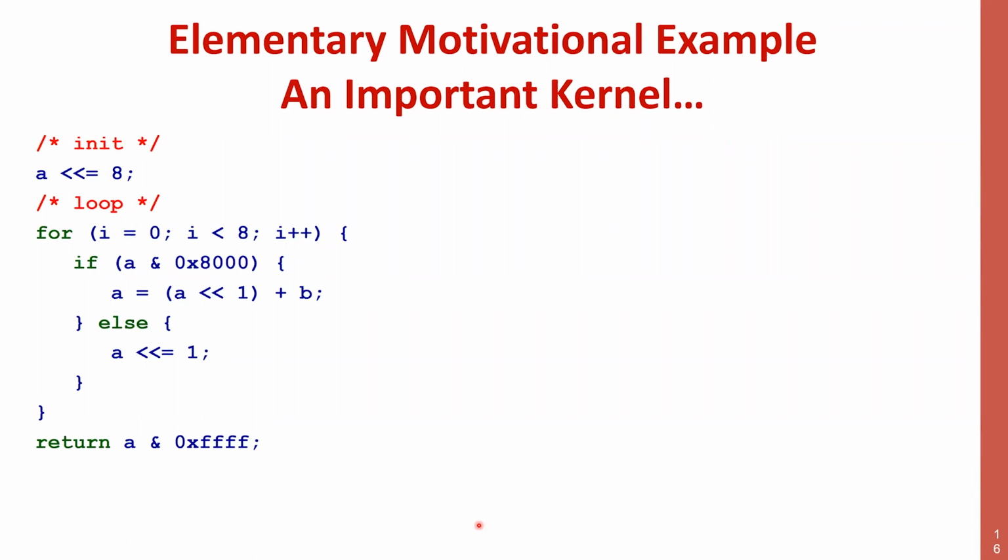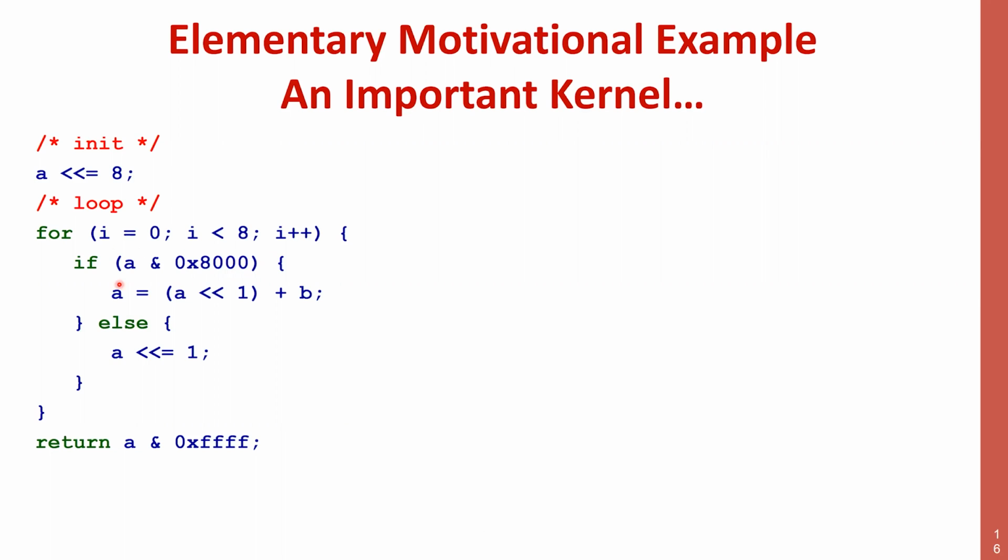The part that gives it away, hopefully, is that you test 1 bit. This is testing 1 bit because 8000 is only the highest bit of these 16 that is at 1.